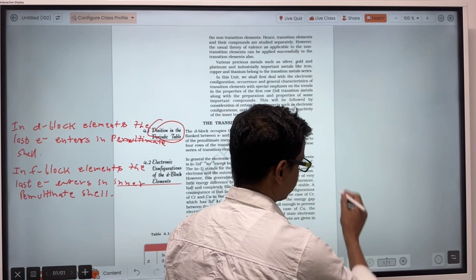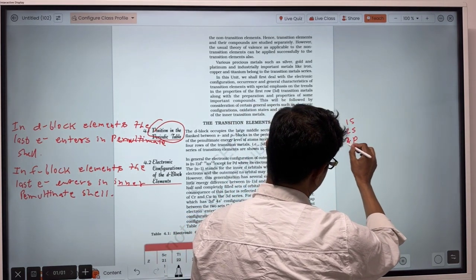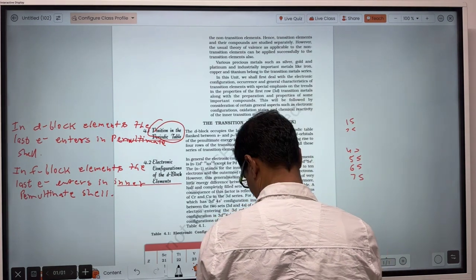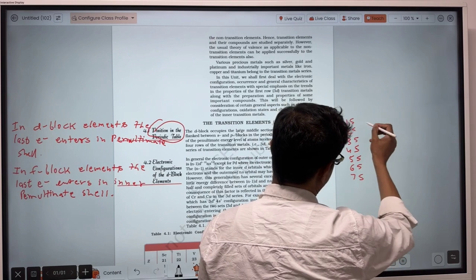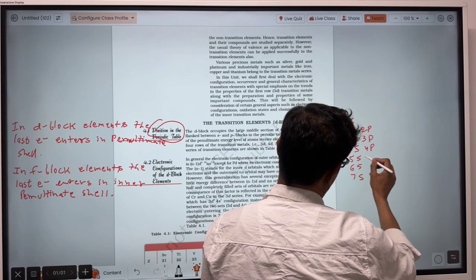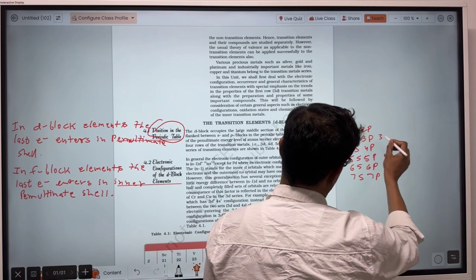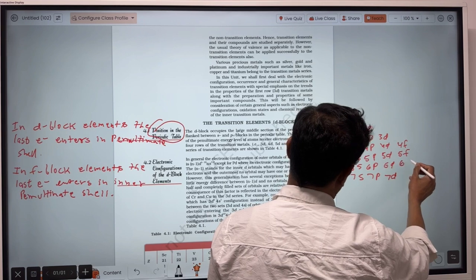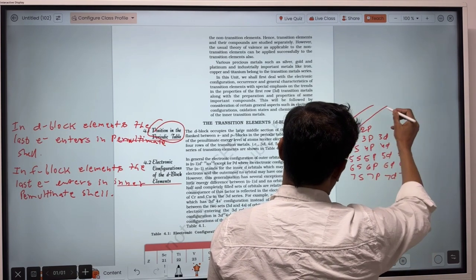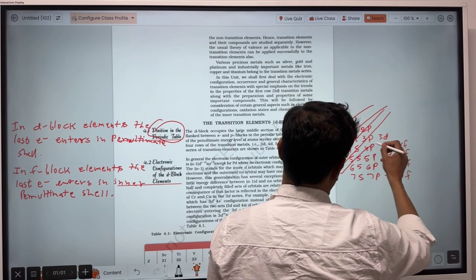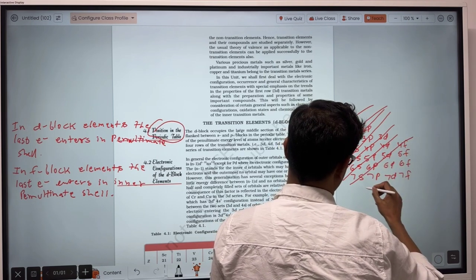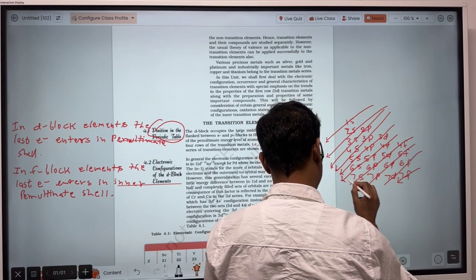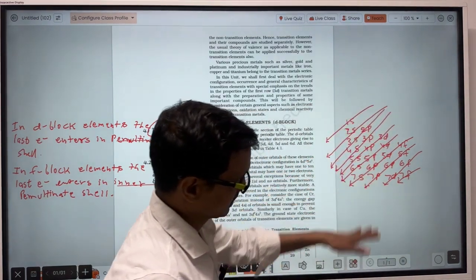You have studied in class 11 like this one. And how to write their increasing energy level?